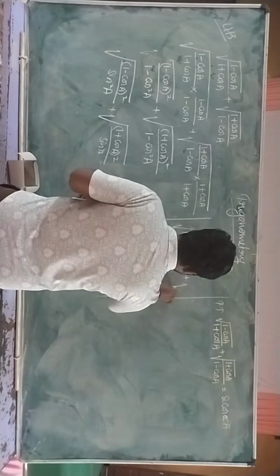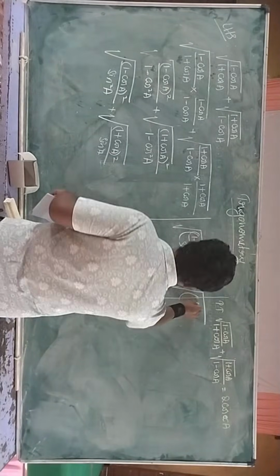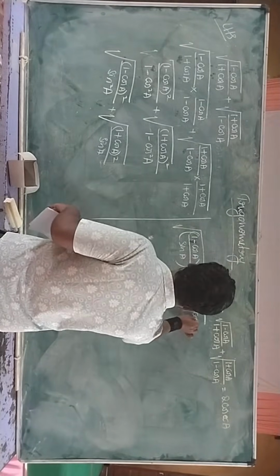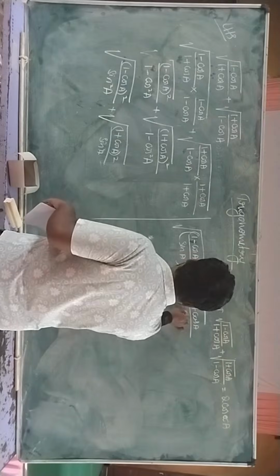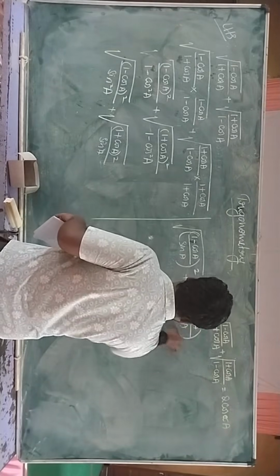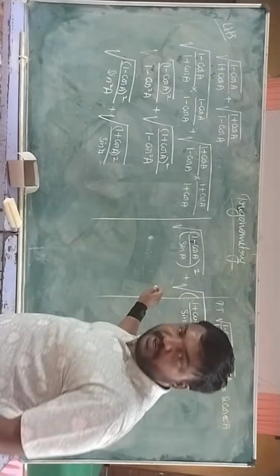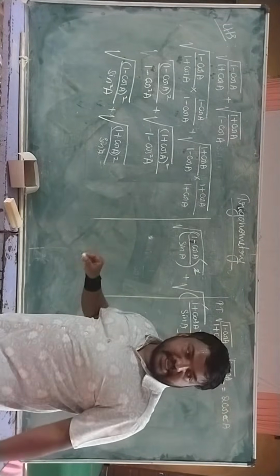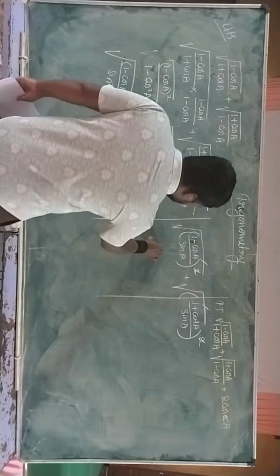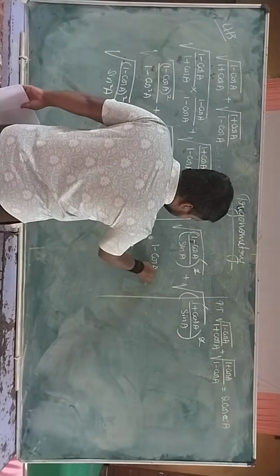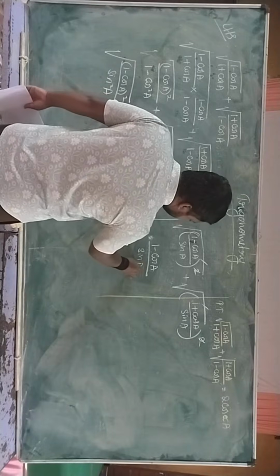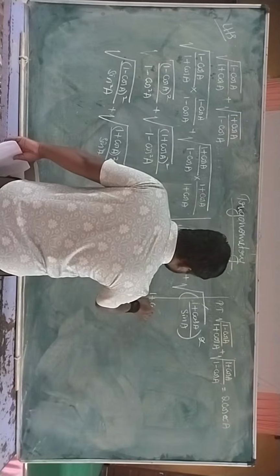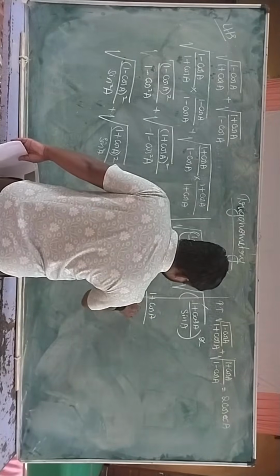Plus under root, the same, (1 plus cos A divided by sin A) together squared, numerator and denominator together squared. So the square root gets cancelled, and the remaining terms are (1 minus cos A) divided by sin A plus (1 plus cos A) divided by sin A.